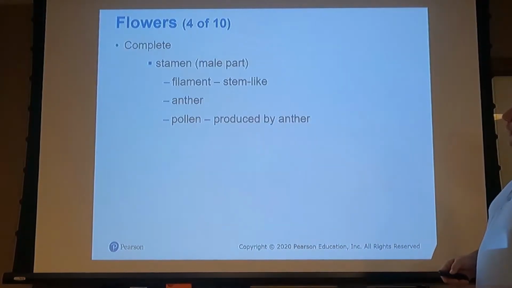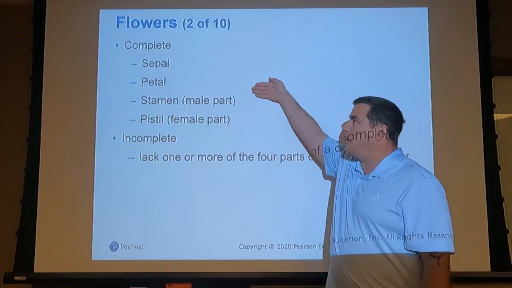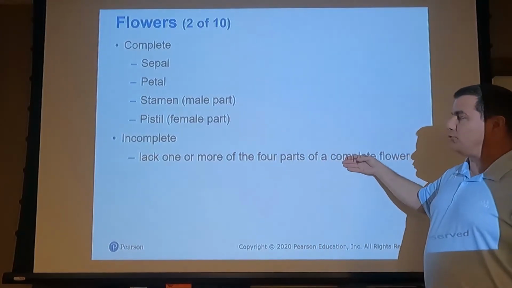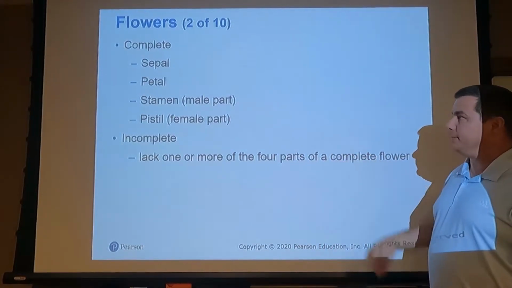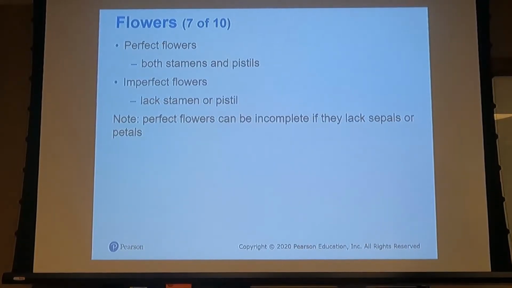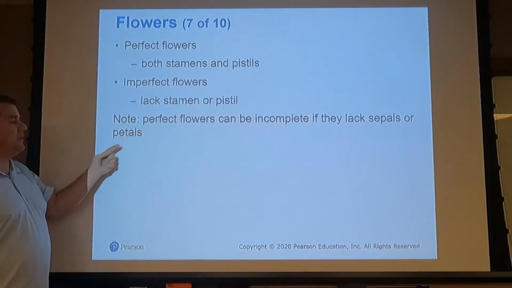Let's look at that again. A complete flower requires all 4 parts. If it lacks 1 or more of those 4 parts, it's incomplete. But we can have incomplete perfect flowers if we don't have sepals or petals.